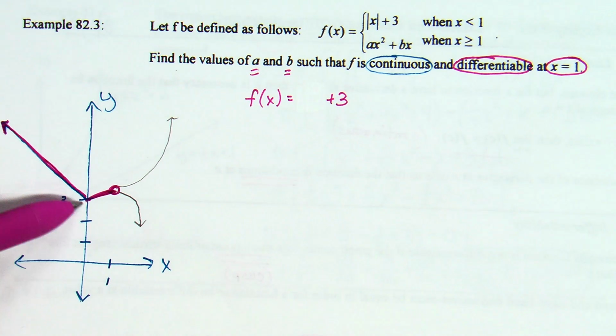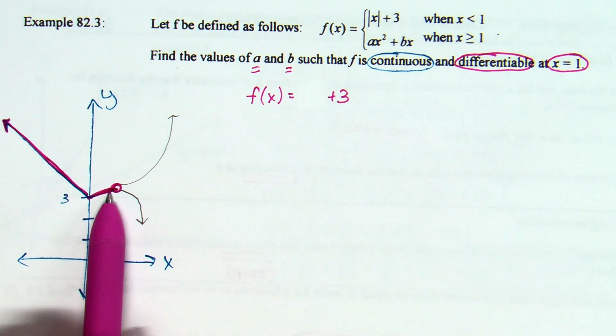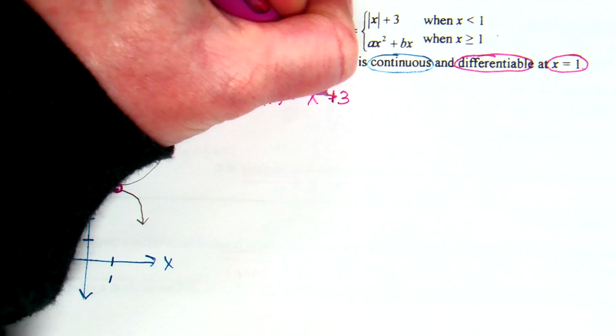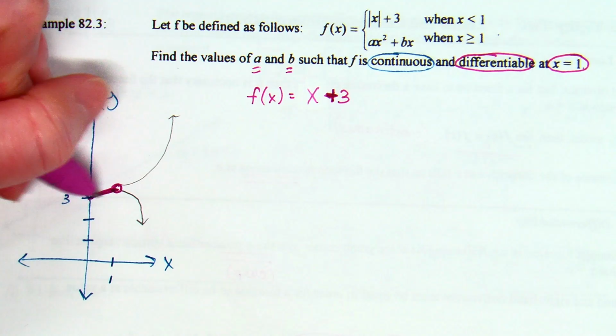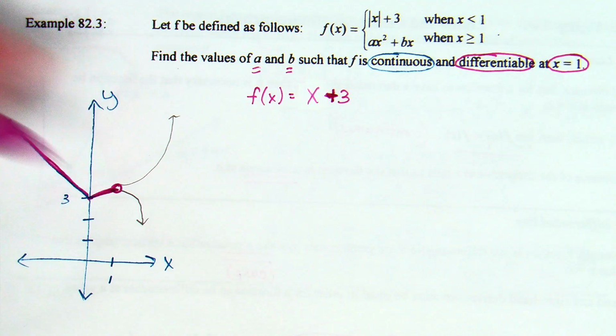We're trying to make this continuous and differentiable at 1. What is the equation on the left leading up to 1? Just x plus 3. Does that make sense? Because remember, when we do a derivative of absolute value, what do we do? We break it into a piecewise function. We're only worrying about at x equals 1. So we only need to talk about this right here. This line is a piece of x plus 3. Does that make sense? Sorry, I misguided us for a moment.